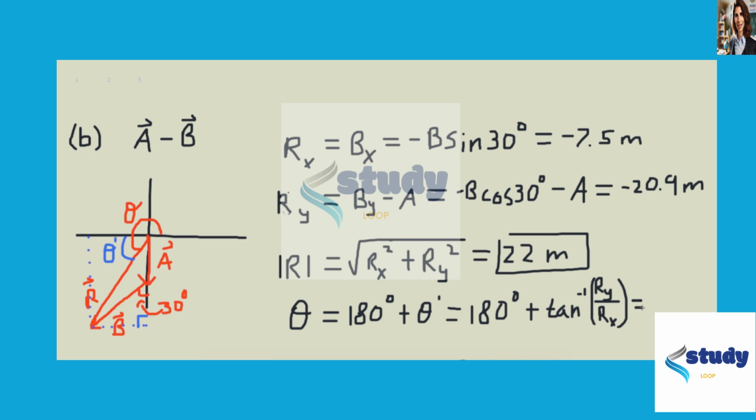Plugging those values in, we find an angle of 250 degrees. So you can box in 250 degrees as our solution to that angle relative to the x-axis.